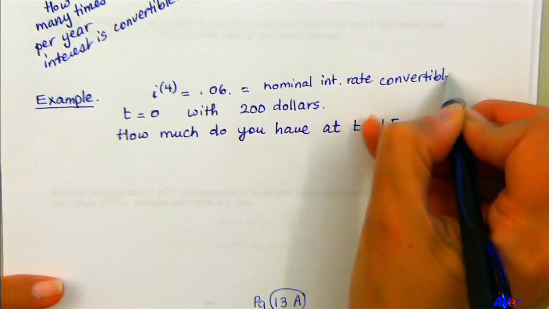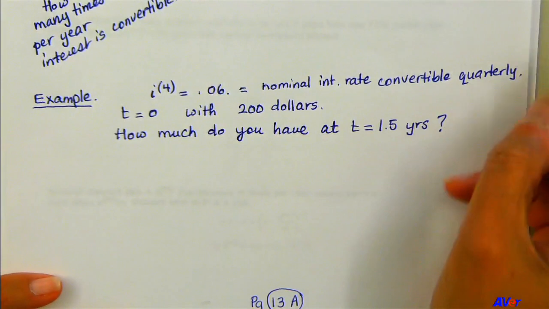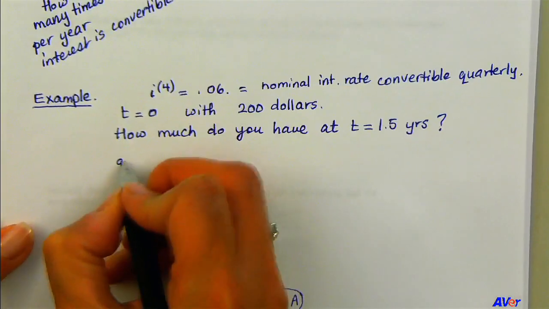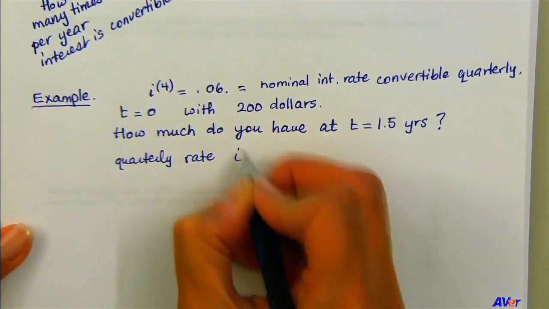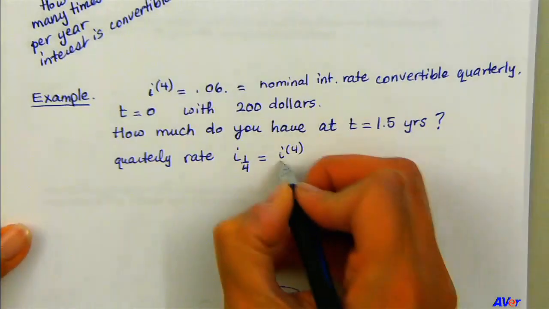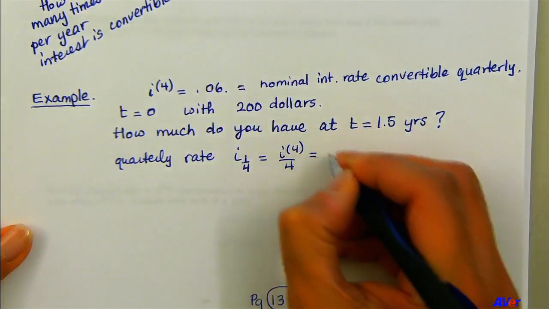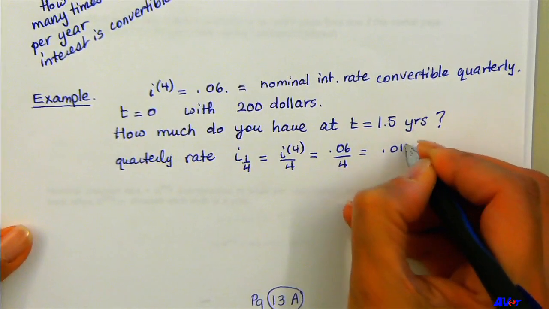This implies that the quarterly rate for one quarter is this divided by 4. So the quarterly rate, you can call that I 1 quarter, is I 4 over 4. That is the meaning of this. So this would be 0.06 divided by 4, which is 0.015.